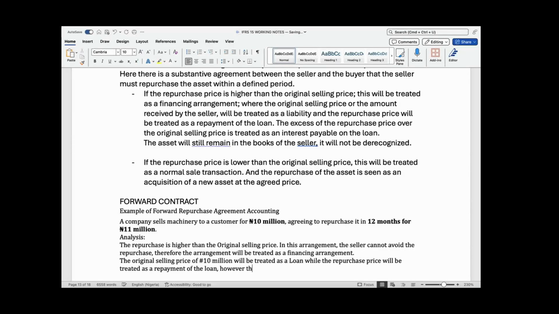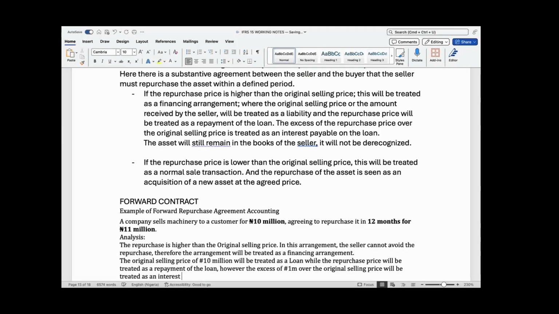However, the excess of 1 million over the original selling price will be treated as an interest income.